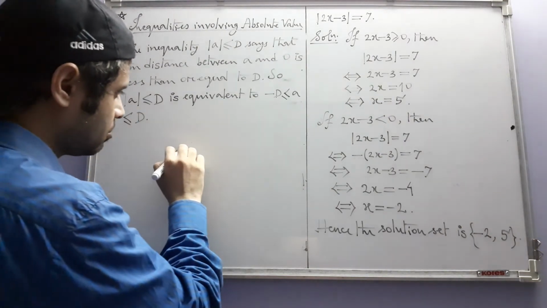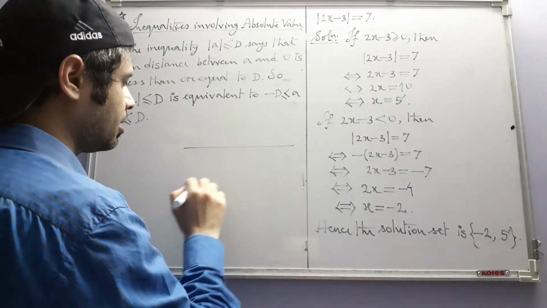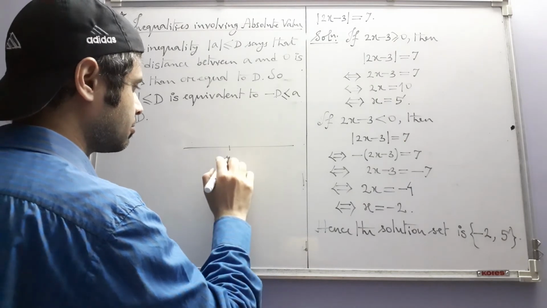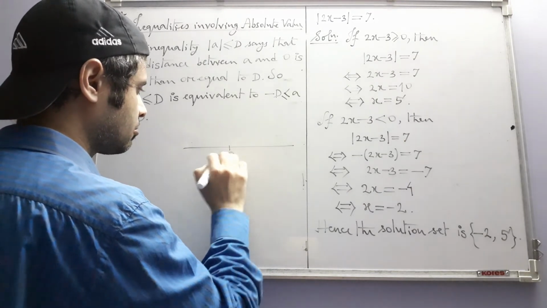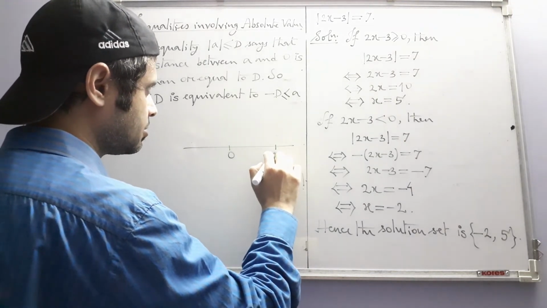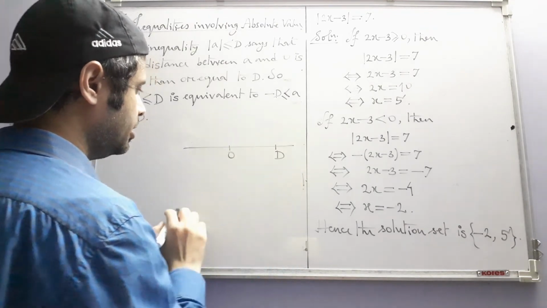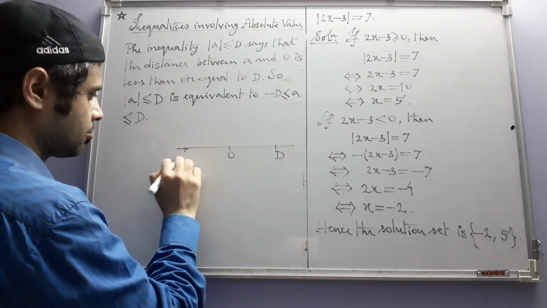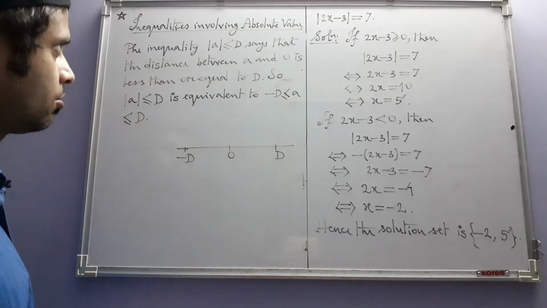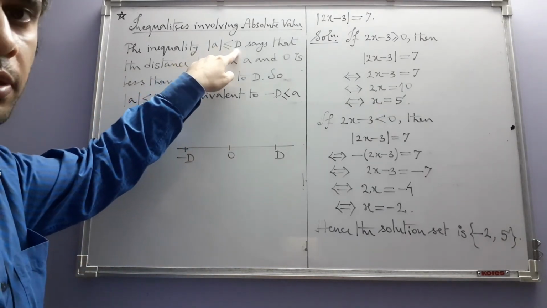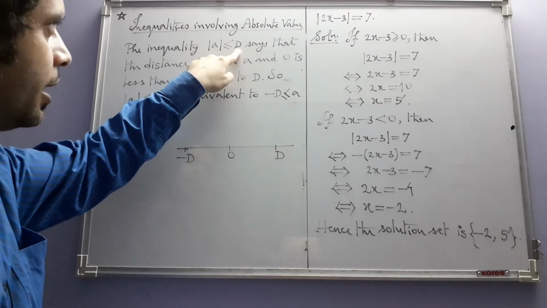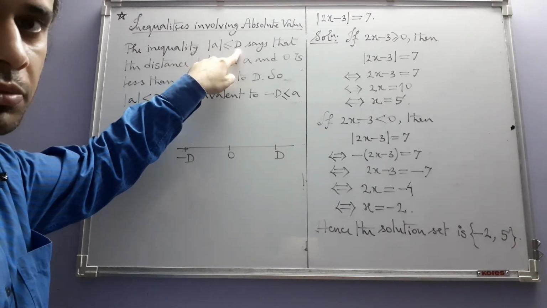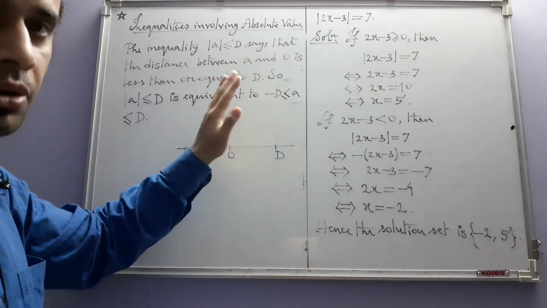Because if you look at the number line, suppose this is D, this is minus D. Note that for this inequality to make sense, D has to be non-negative.